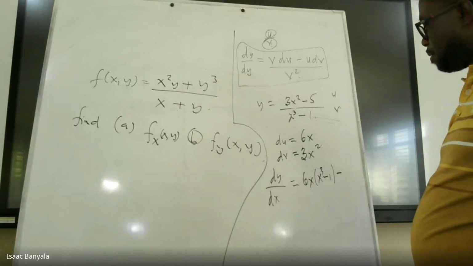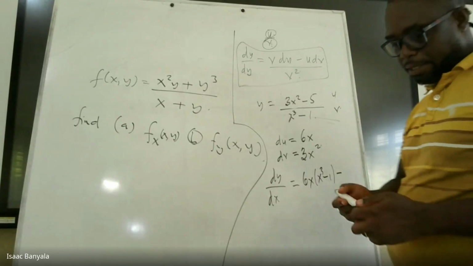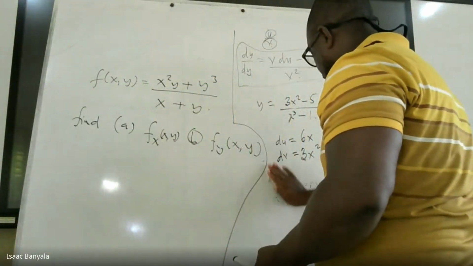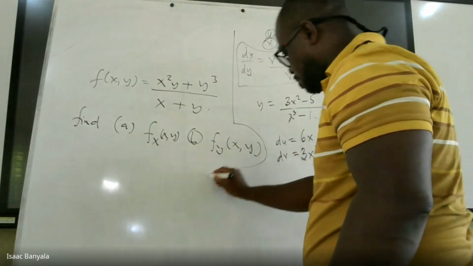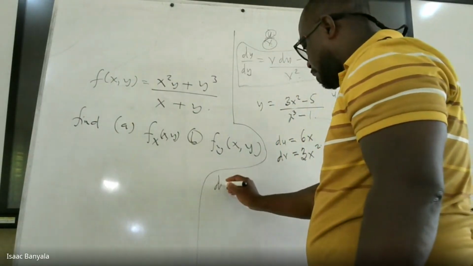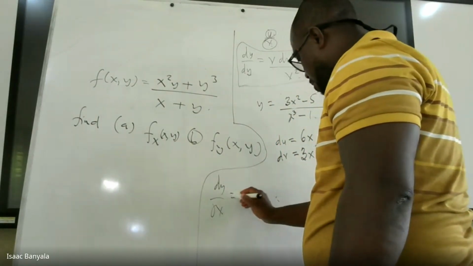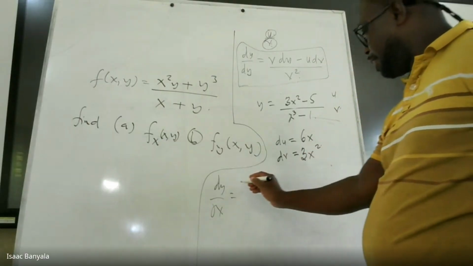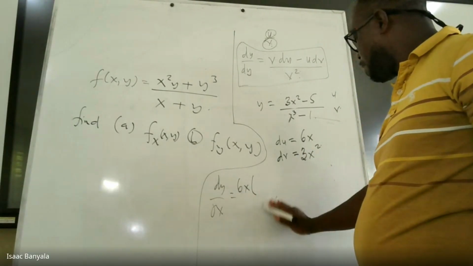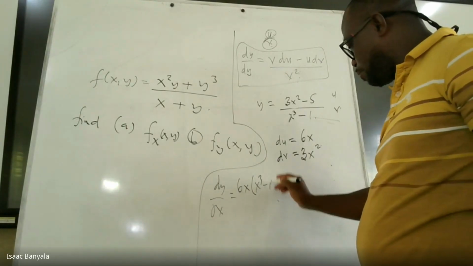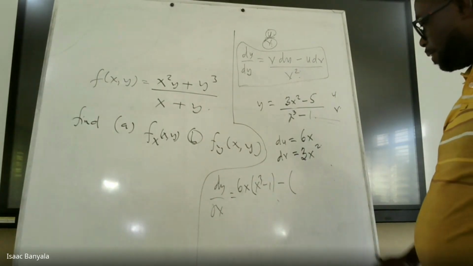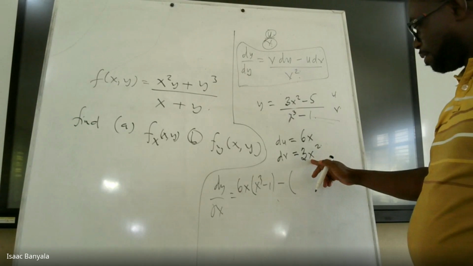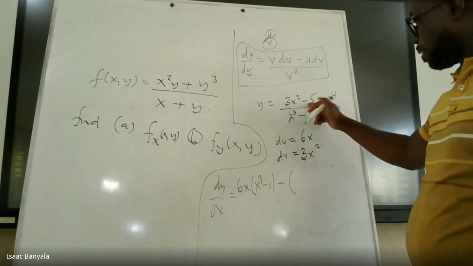Minus, yes. Let me write it all so that it will go there. So dy dx. Now we have the 6x into bracket x cubed minus 1, minus, yes, you differentiate this one, then keep this one.